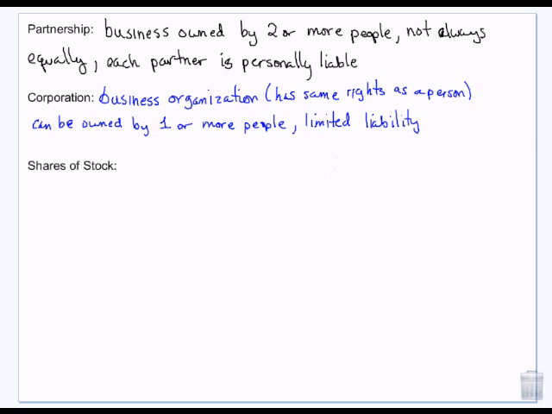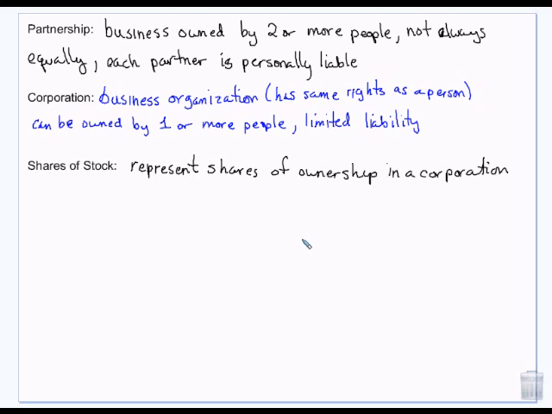And if more than one person owns a corporation, they have shares of stock. These are basically just pieces of paper. Okay. So if I own a corporation, I can own all of the shares of stock.